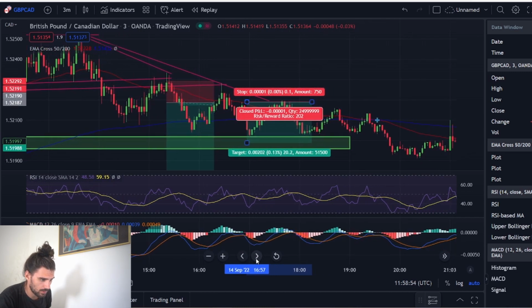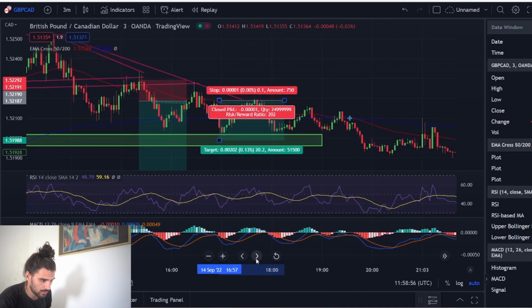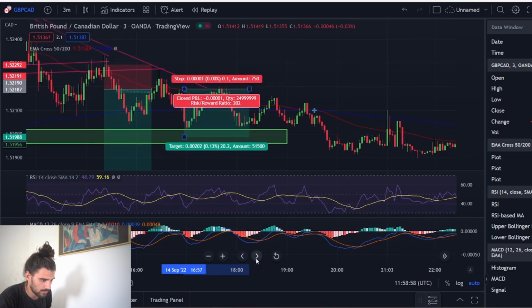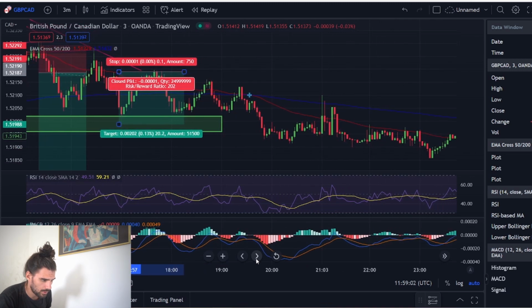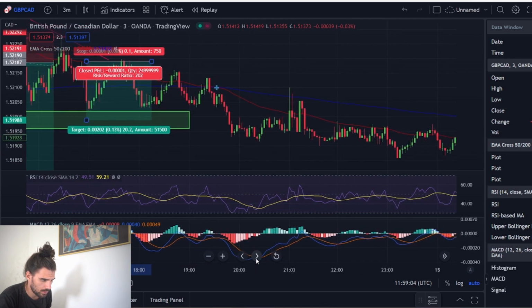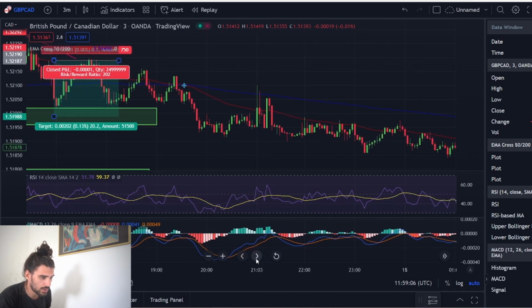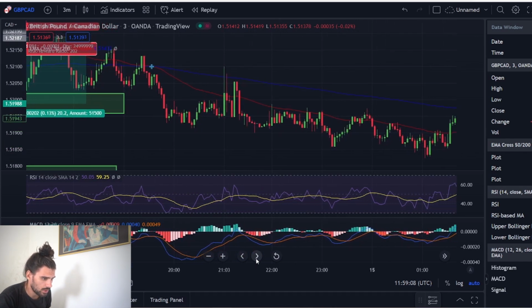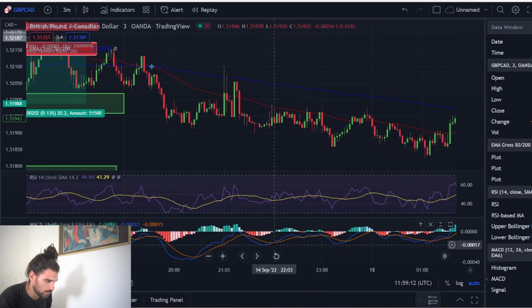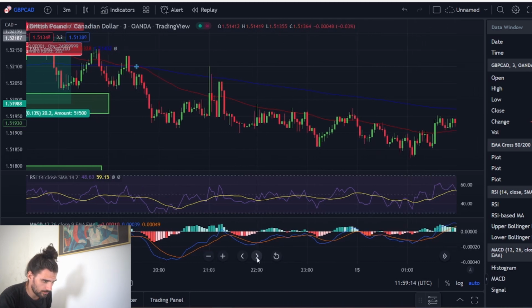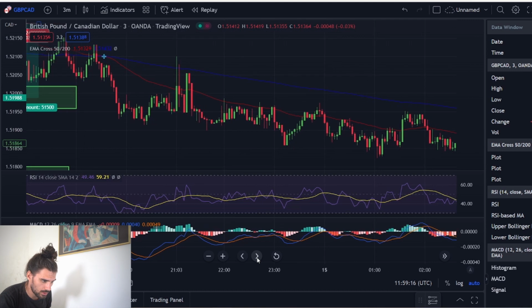So you can see here now the market is pulling back. Looks bearish, slightly sideways, bearish. So now we hit, not quite yet. Let's see what the market does.